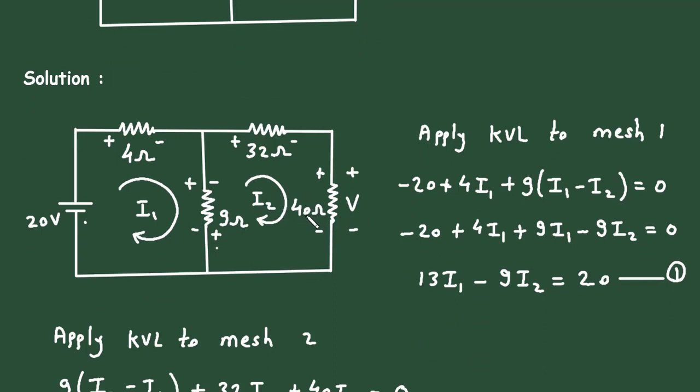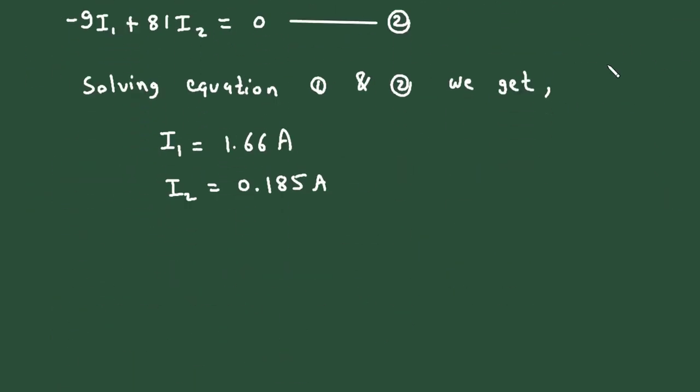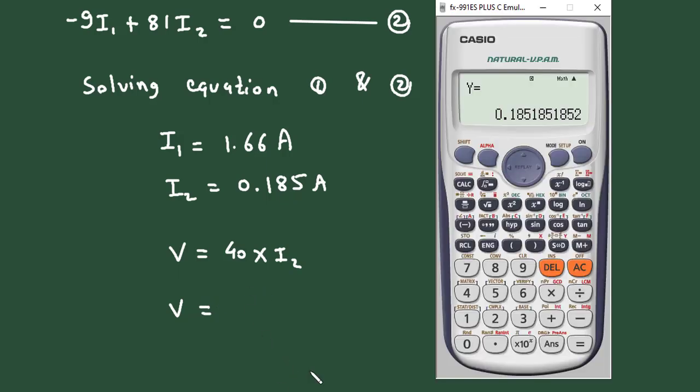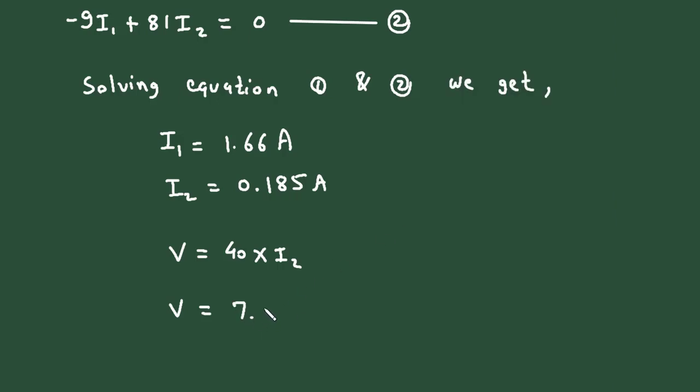The value of resistance is 40 ohm and the value of current is I2. So V is equal to 40 into I2. So therefore V is equal to 40 multiplied by 0.185. So it is 7.4 volt, the value for voltage V.